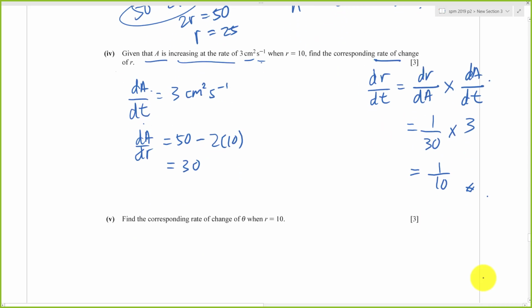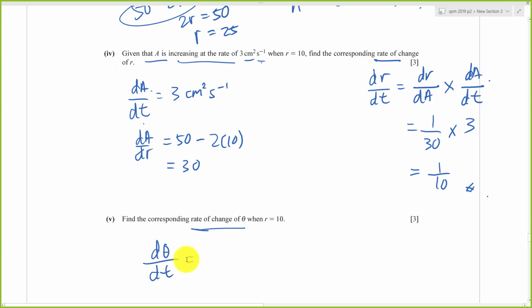And then part 5, they ask to find the corresponding rate of change of theta when r equals 10. Yeah, they ask about the corresponding rate of change of theta. So if you want to guess rate of change of theta, you see the word rate, dt at the bottom, change of theta, d theta at the top.